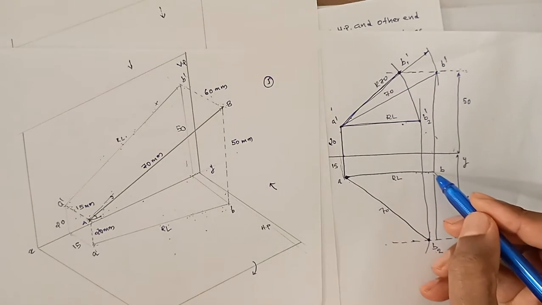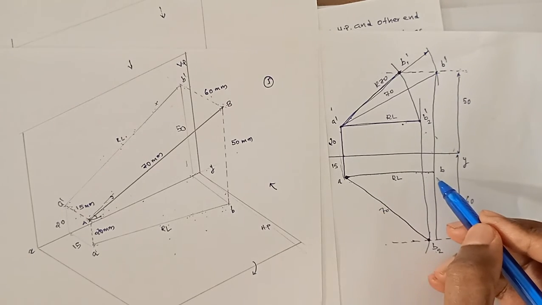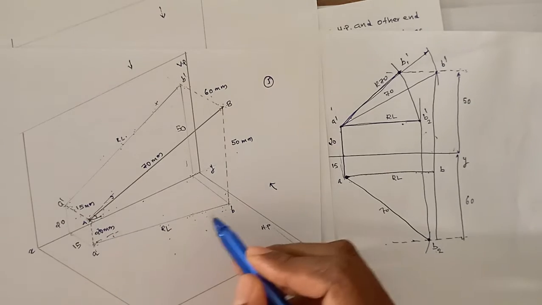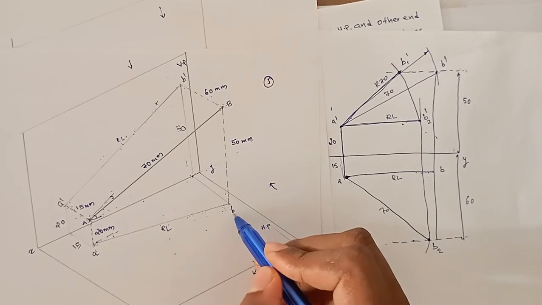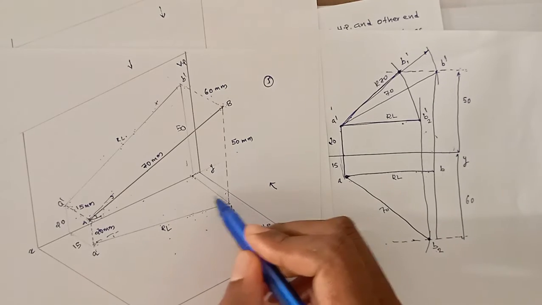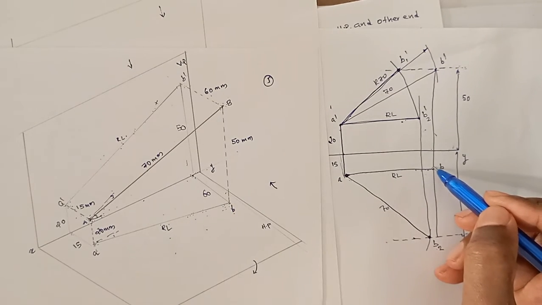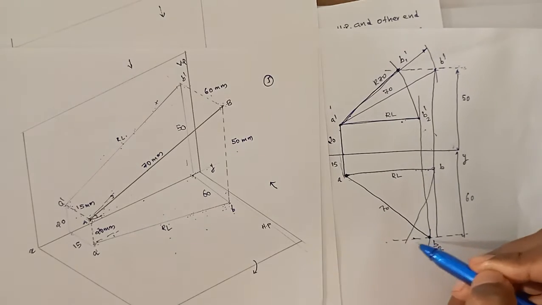What about the original top view? We got the length of the top view, the reduced length. We don't know the position or the angle, but we know one thing: what is the distance of the point B from the XY line? This is 60 mm. So you have to transfer this length to this 60 mm line.